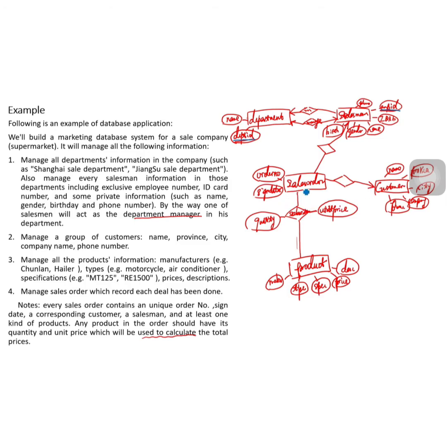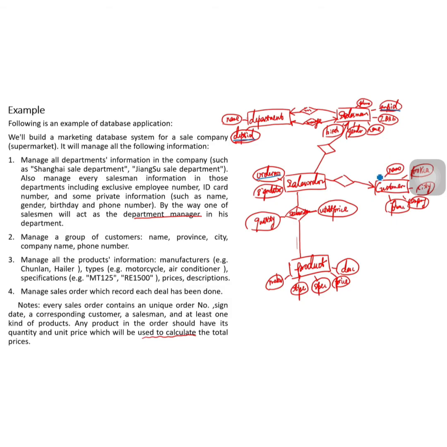Now sales order, because order number is unique, so order number is the primary key. Now customer: name, province, city, company, phone. It is difficult to find an attribute or a simple set of attributes to identify customers.